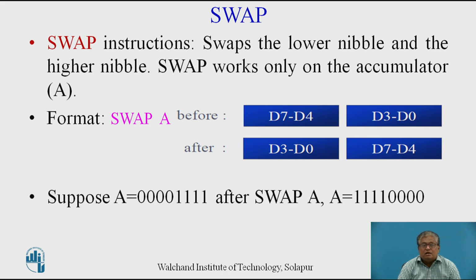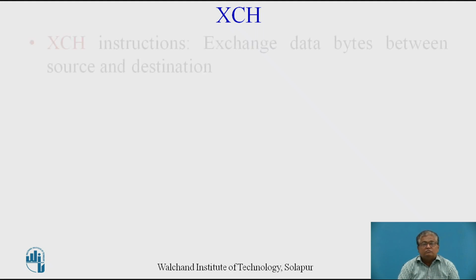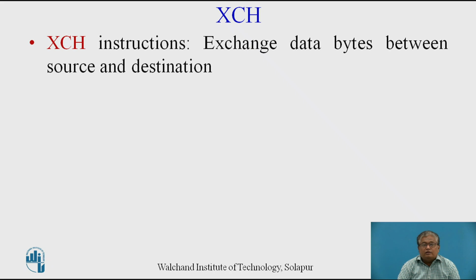So this is the example of the swap instruction. This instruction exchanges the lower nibble and higher nibble. Exchange instruction. The exchange instruction is used to exchange the data bytes between source and destination.